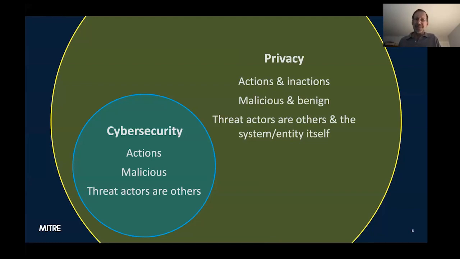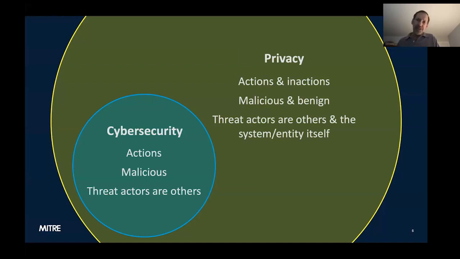So when we think about cybersecurity threats, we're typically thinking about a malicious adversary, some other who is doing stuff to compromise security controls, doing stuff to effect adverse consequences.